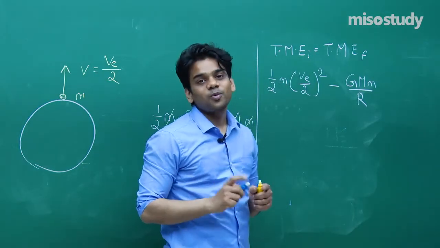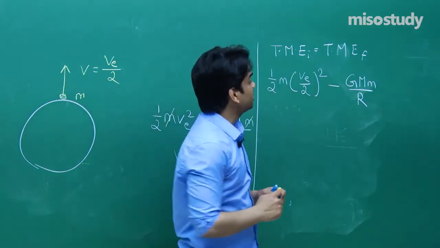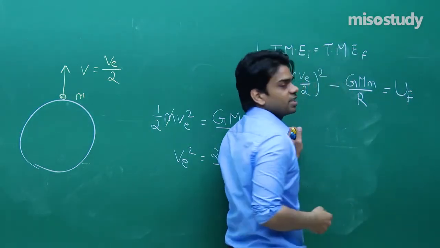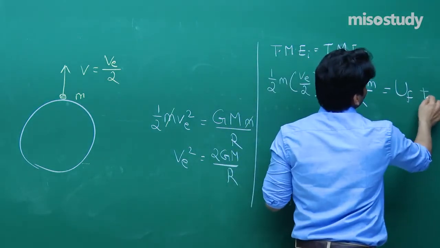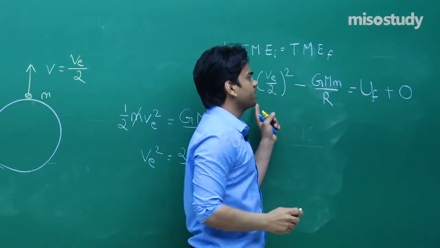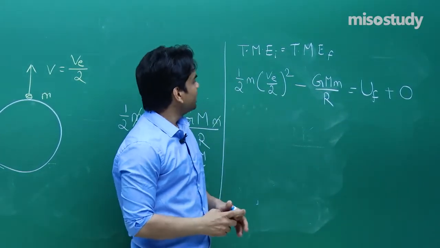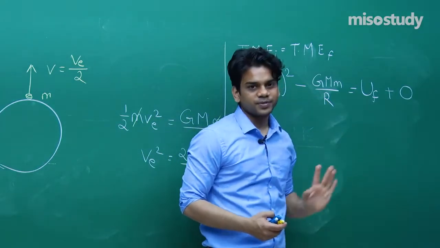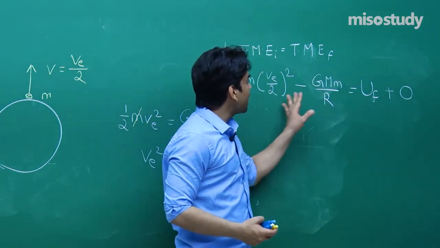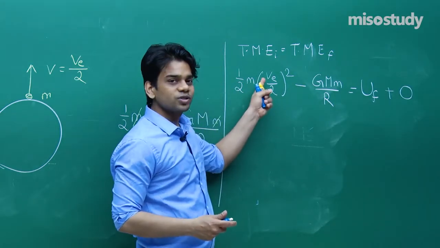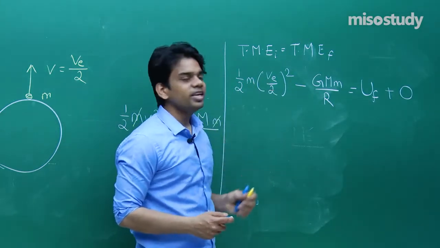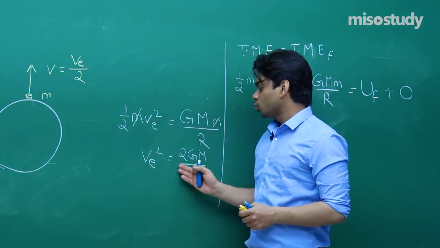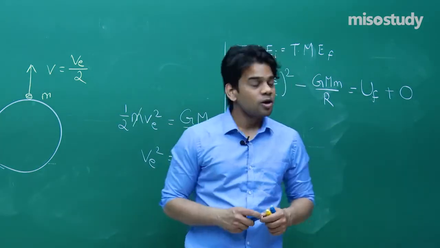At the highest point, we need to find out the potential energy, so let me write down U_F, the potential energy at the highest point, plus kinetic energy, which will be 0. You can easily see that this is kinetic energy and this is potential energy. Now, if we evaluate this, I have already disclosed the formula for v_e in terms of GM by R: v_e whole square is equal to 2GM by R. This is what we should put.